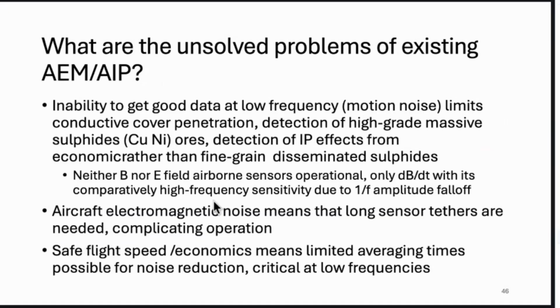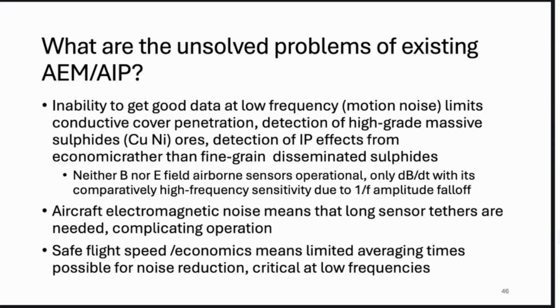So the problems that we have to solve: we need good low frequency data, which is limited by the rotation noise, the sensors rotating in the Earth's field. We need to penetrate conductive cover. We'd like to detect high-grade massive sulfide ores better than the dB/dt systems, which a B field system should. And we want to detect IP effects from economic rather than fine-grained sulfides, the ones with the longer time constants. dB/dt, as I say, has a 1/frequency amplitude fall off, so it's not good at low frequencies.